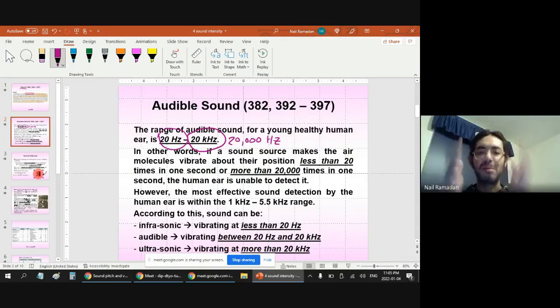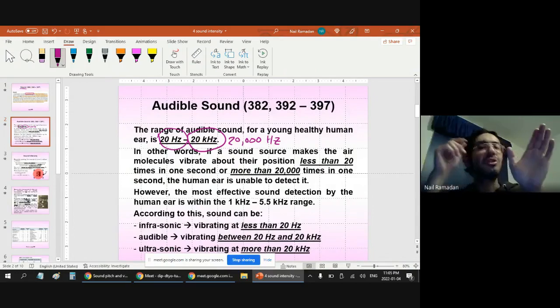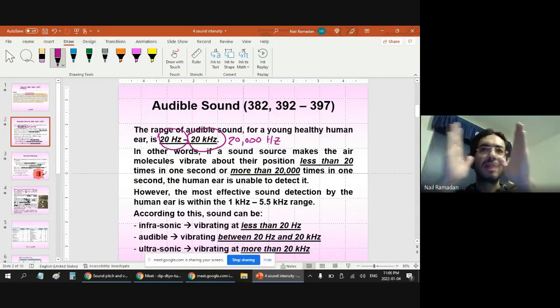Remember, 20 hertz to 20 kilohertz for the ear is like red to violet for the eye. But here's the thing, just remember, that doesn't mean you're going to hear the 20 hertz sound and the 20 kilohertz sound as effectively as the other sounds in between.